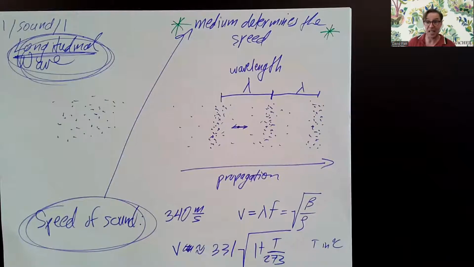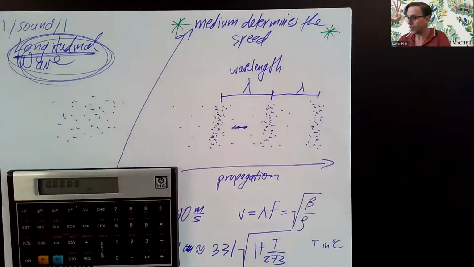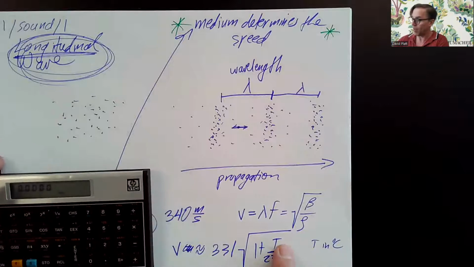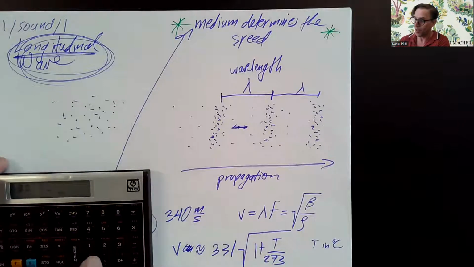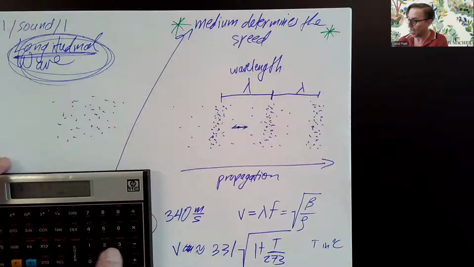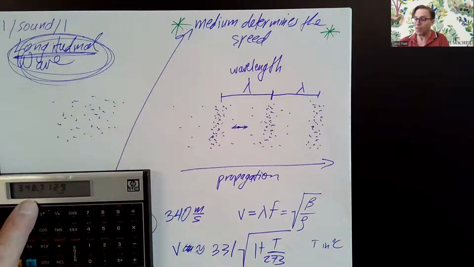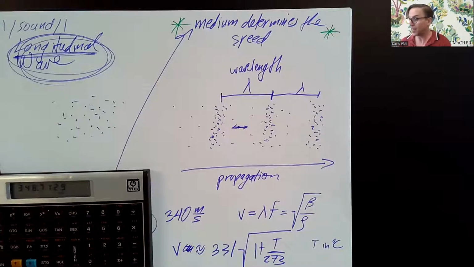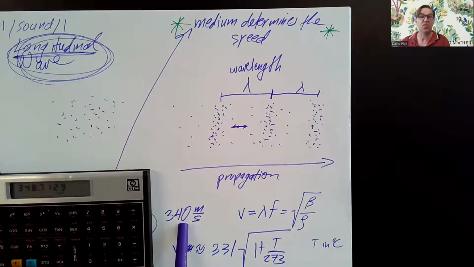If we're at 30 Celsius, divide 30 by 273, add 1, take the square root, and multiply by 331. And we get 349. That's a little faster than 340. That's a really, really hot day.